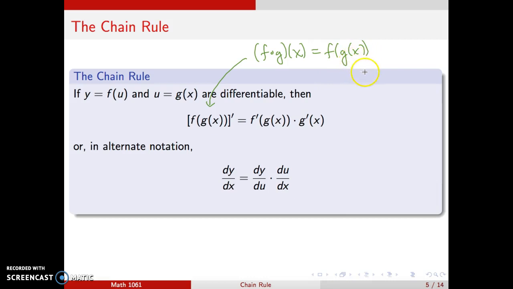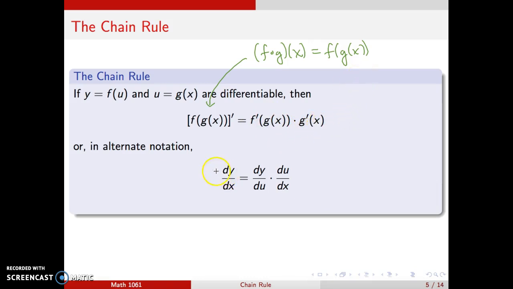We think of g of x as the input for the outer f function. So that derivative, with respect to x, is the derivative of the function f treating g like a variable times the derivative of g with respect to x.